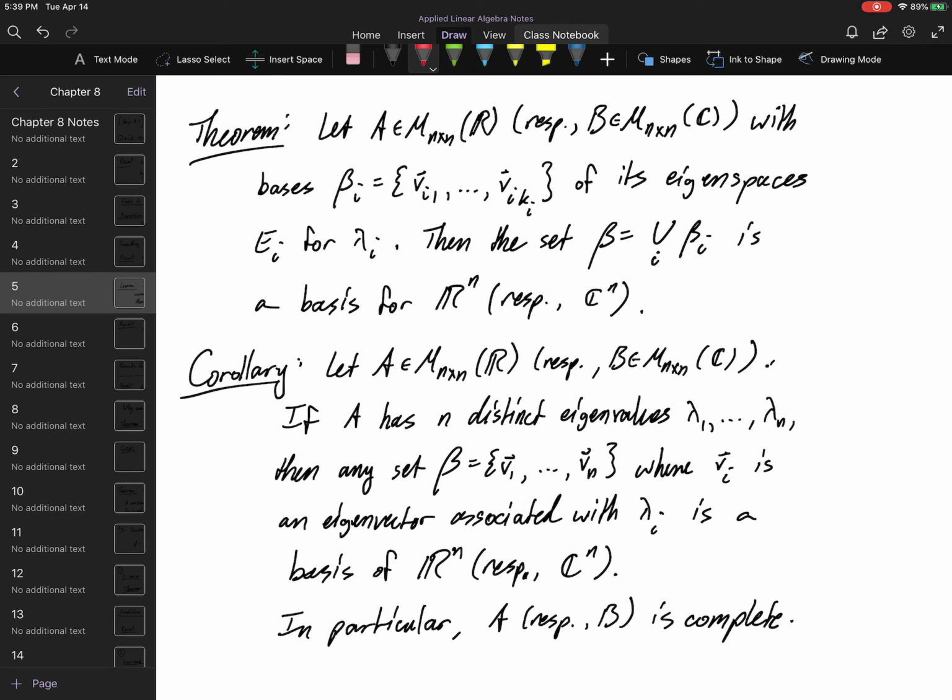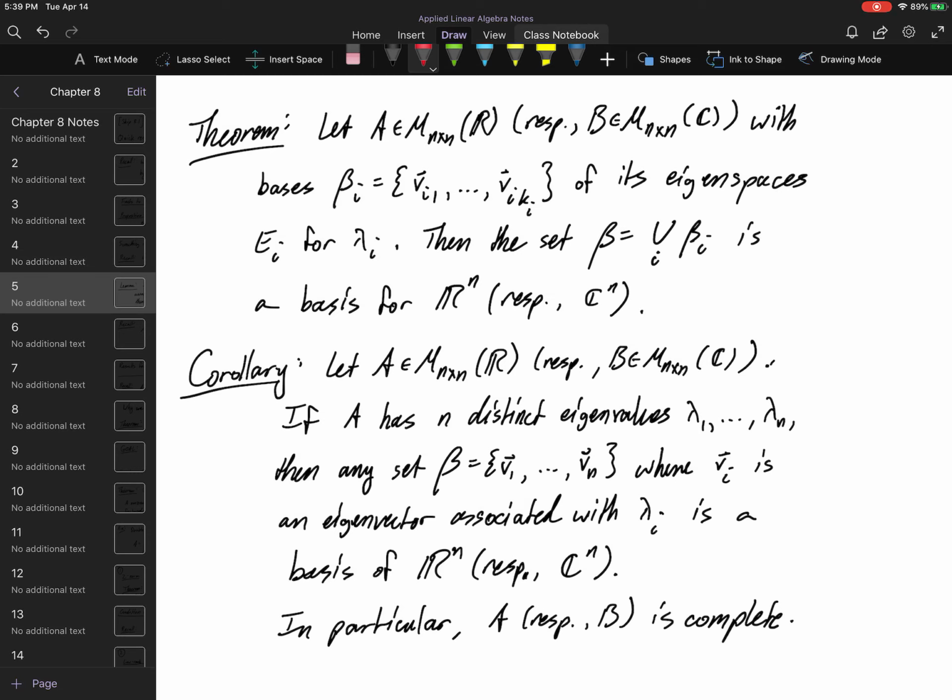Right? So again, I have to be able to create bases for each of these eigenspaces. And that is only going to happen if my matrix is complete, right? If I can fill up the geometric multiplicity of each of my eigenvalues to fill up the entire algebraic multiplicity that I would get from the characteristic polynomial.